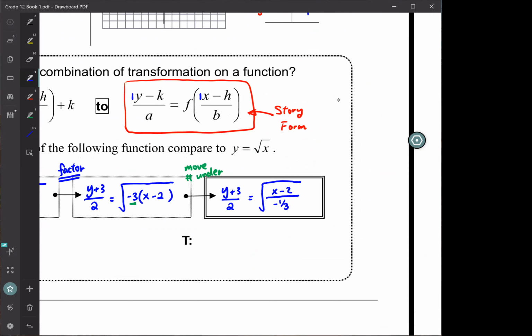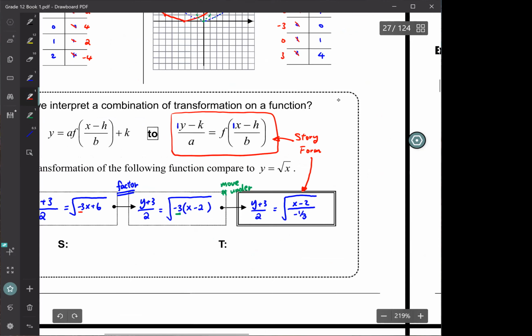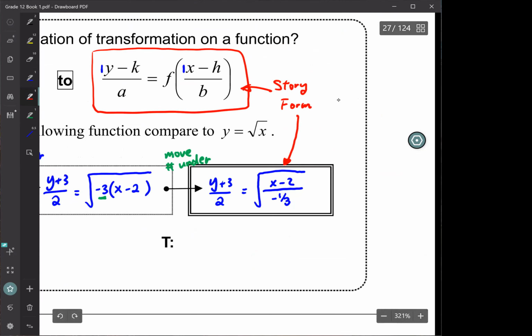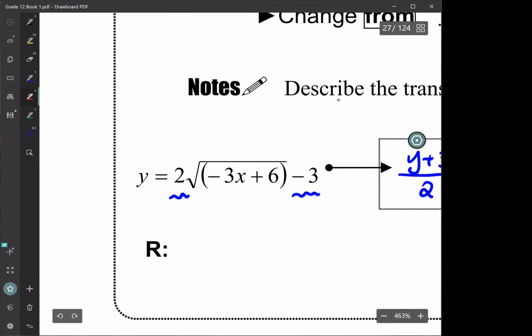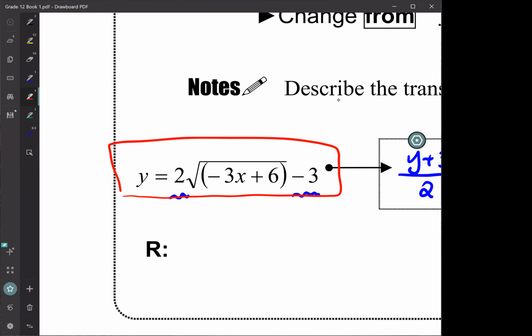Okay, so this is our story form. Make sure you are able to turn it into this form before you begin anything, to write out a story or to make a graph. Because at school, your teacher will expect you to write out RST just by looking at this, and I find that it's very difficult.